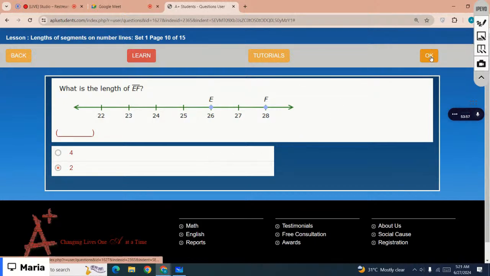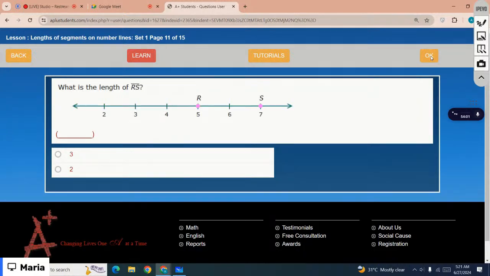The correct option is 2. Option number 2 is the correct option.